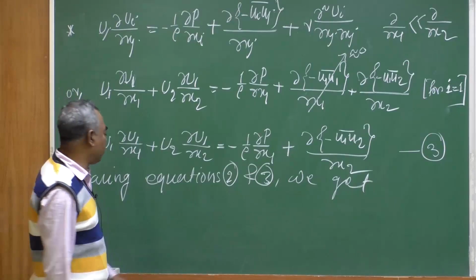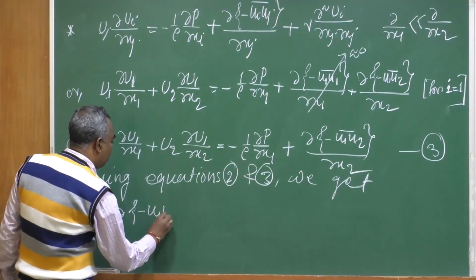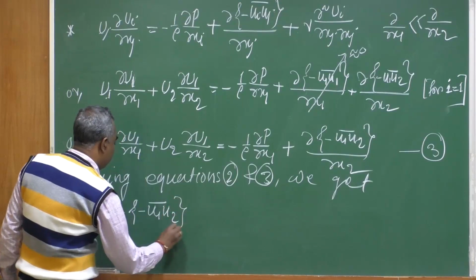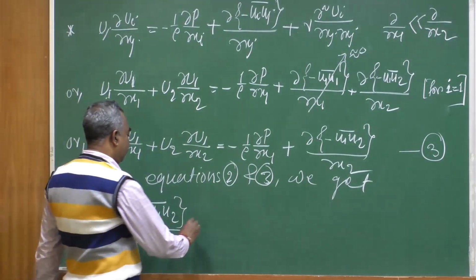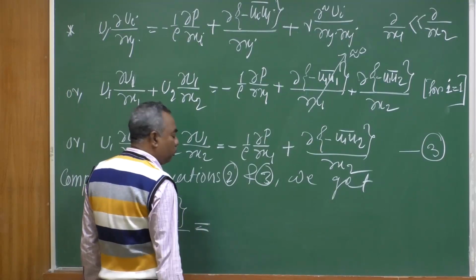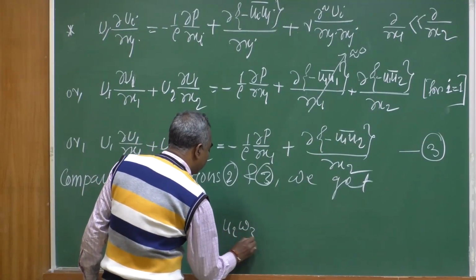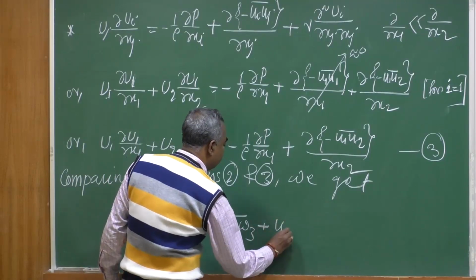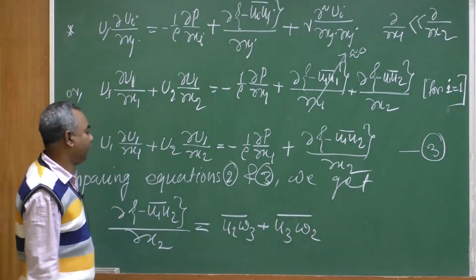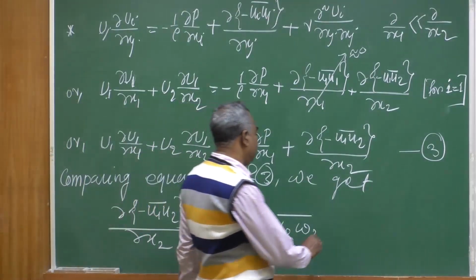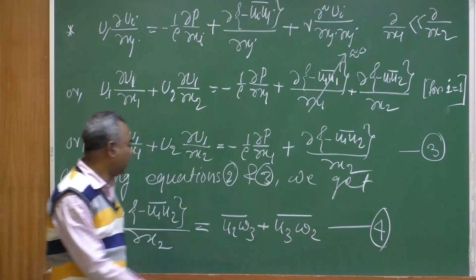The gradient of Reynolds stress. See, this is the interesting part. So, minus the cross stream gradient of u1 u2 bar is essentially equal to u2 omega3 bar plus u3 omega2 bar. Let us say this equation is our equation 4.